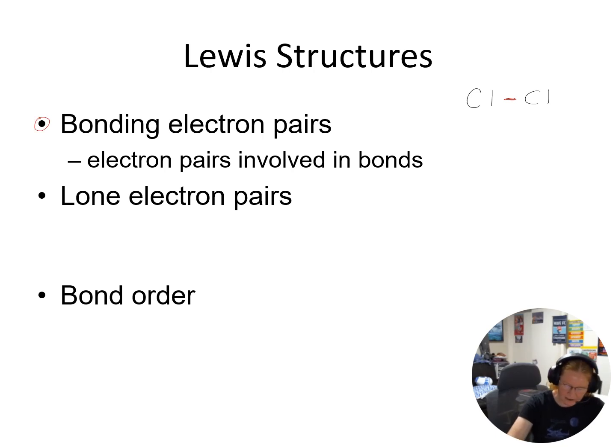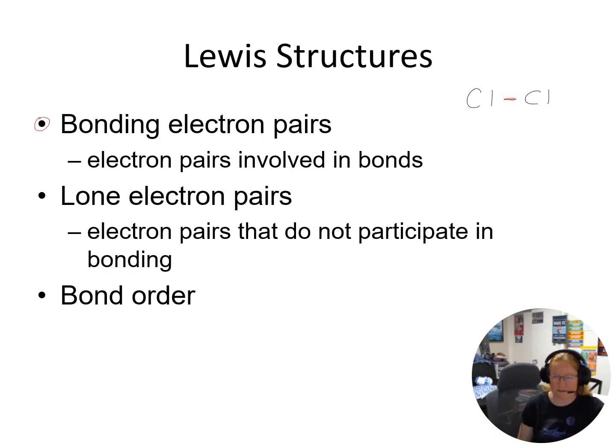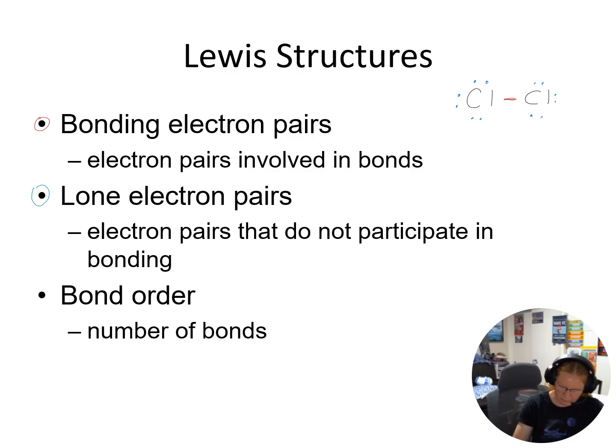And then I've got my lone pairs. These are electron pairs that do not participate in bonding. There's my lone pairs, they are not participating in bonding. And then there is my bond order, which is the number of bonds. Here, my bond order is 1, because I have that single bond there.